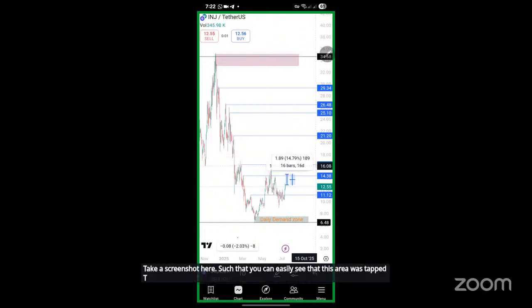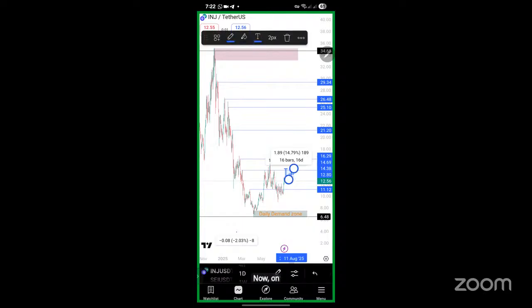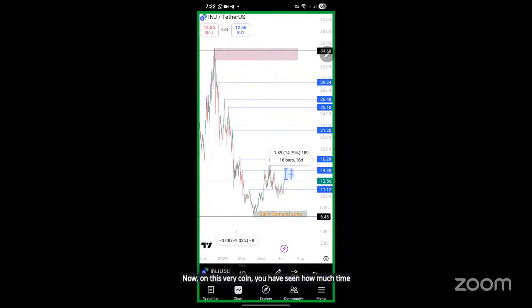That was our tapping. Now, on this very coin, you have seen how much time we are going to wait. We are going to wait for 16 days for us to make 14%. So I can go long, give it a 3x leverage, and I leave it in Binance.